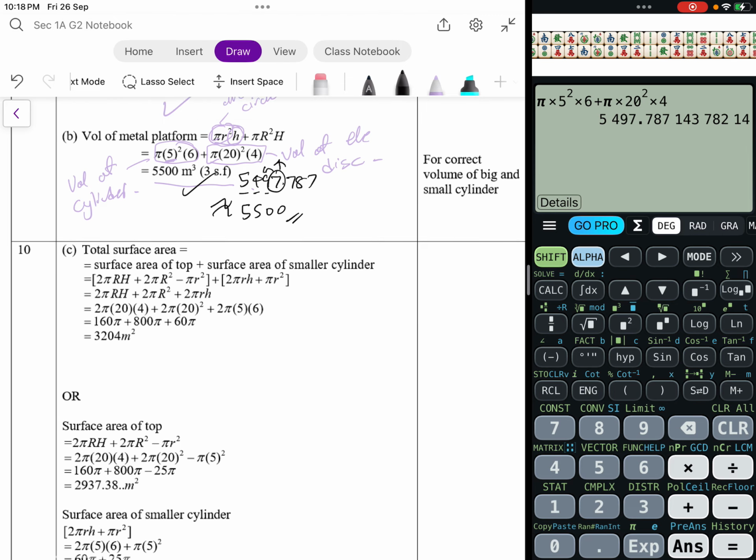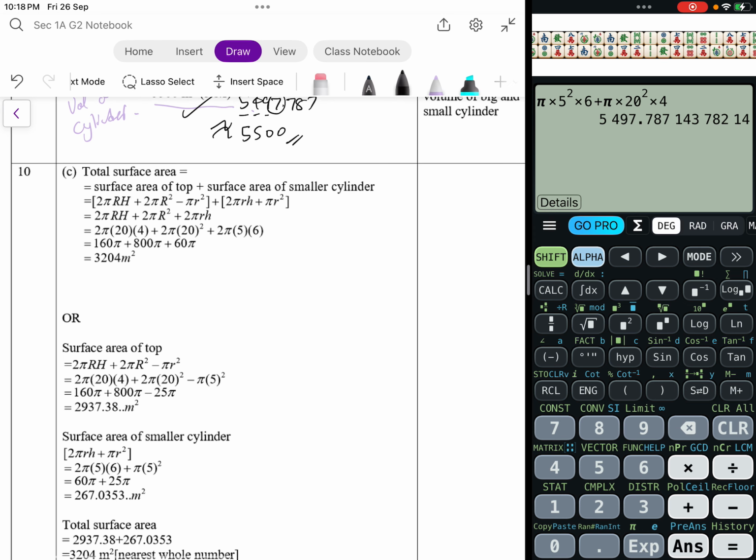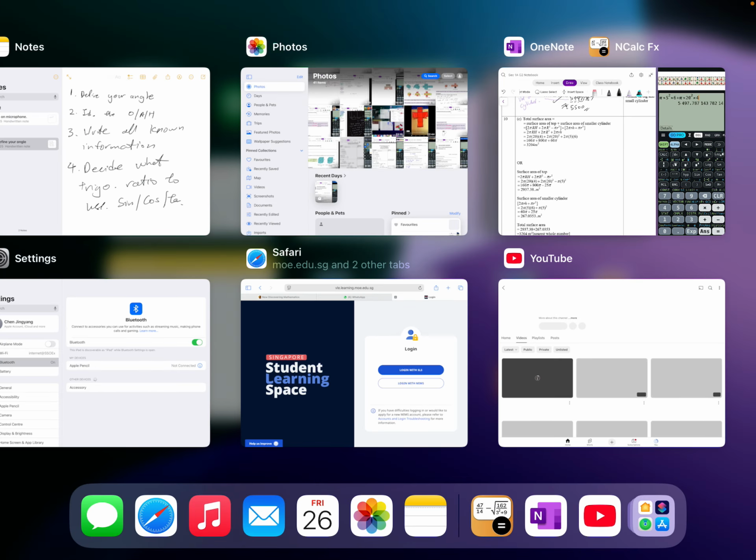Okay, find the total surface area of the volume platform. Okay, so this is exactly the same from your worksheet, except that this is now upside down, right? So if you look at it, let's see if I still have the Tinkercad.